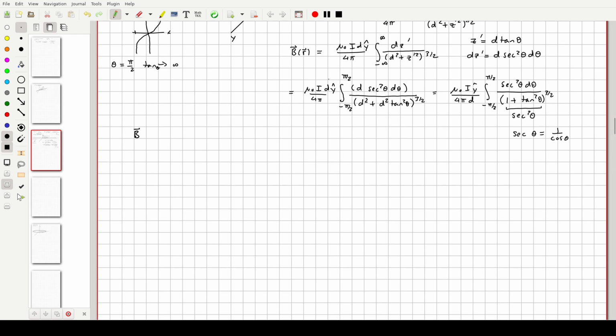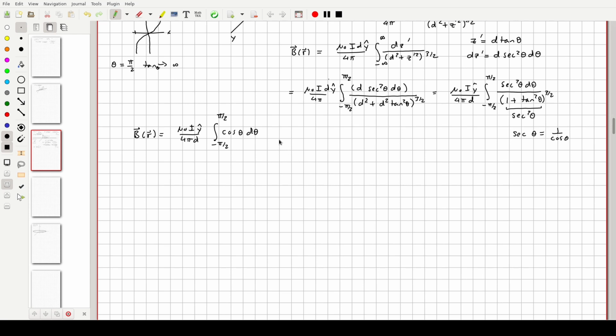So our magnetic field as a function of r is going to equal mu naught I times y hat over 4 pi d times the integral from minus pi over 2 to pi over 2 of cosine of theta d theta.